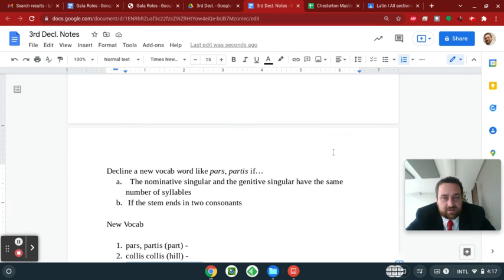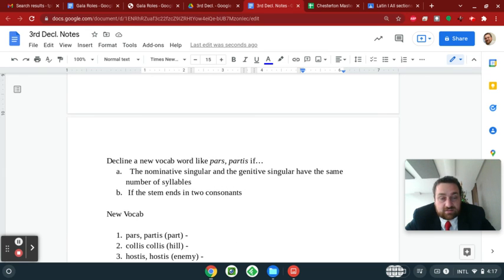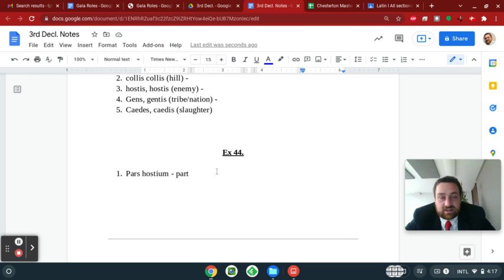It's got the same stem. All right. So hostium, where do I see? Oh, eum. Oh, because hostis is one of those I stems that is declined like pars partus. So this is genitive plural. It means of the, what was that word again? Enemies, of the enemies. So part of the enemies. Pars hostium means part of the enemies.